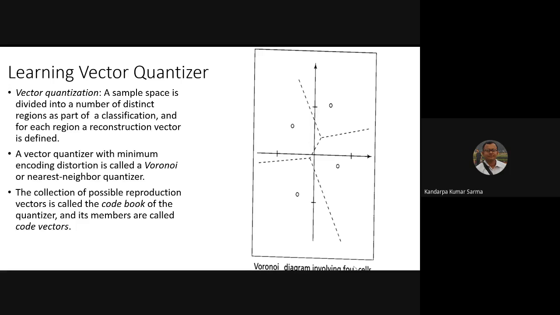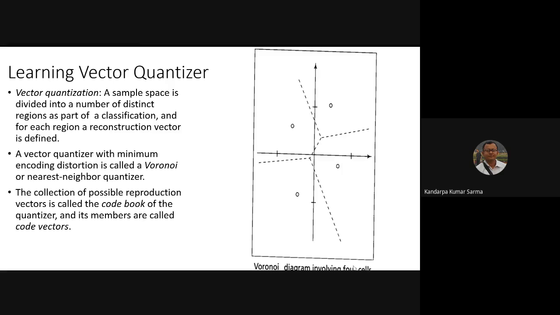Now, a vector quantizer with minimum encoding distortion is called a Voronoi or a nearest neighbor quantizer. So when the term Voronoi comes, that means we are referring to a nearest neighbor quantizer. The collection of possible reproduction vectors can be called a code book that will have all the quantizers, and its members are called the code vectors.